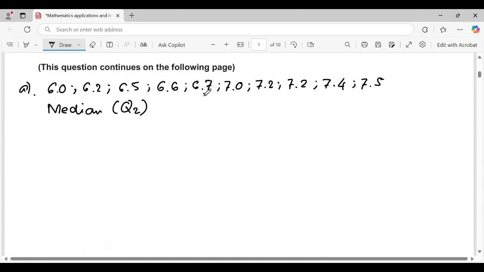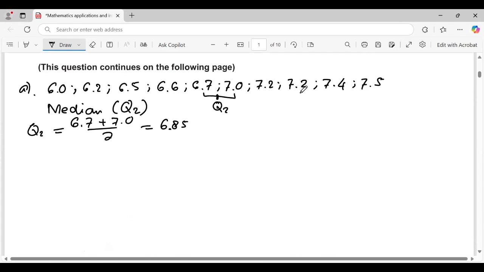So the median, or Q2, is located here. This is Q2. And it means the median equals 6.7 plus 7.0 divided by 2, and it is 6.85. This is Q2.